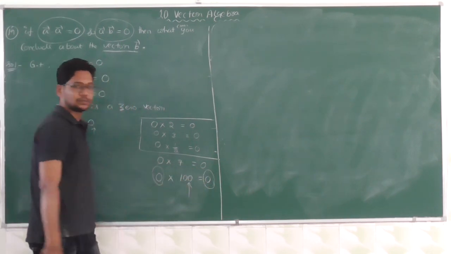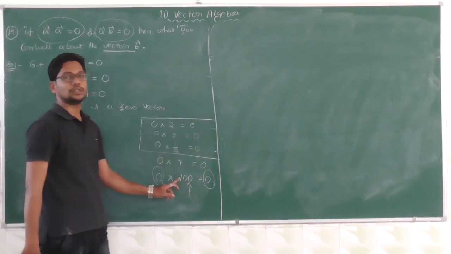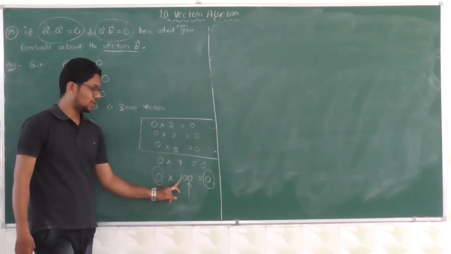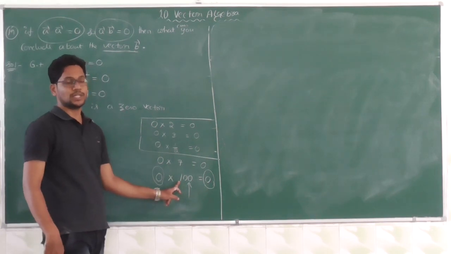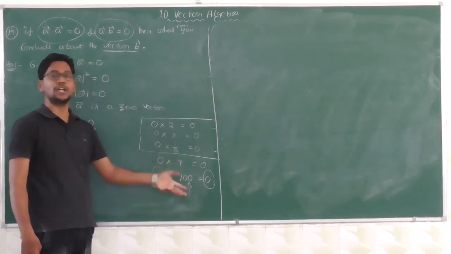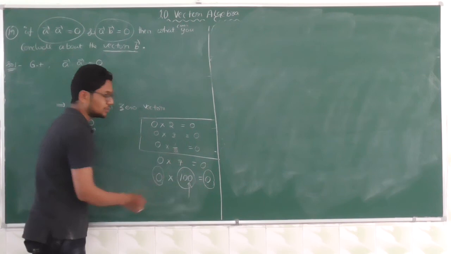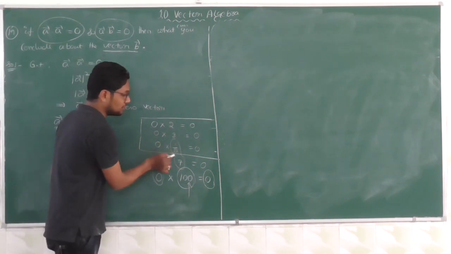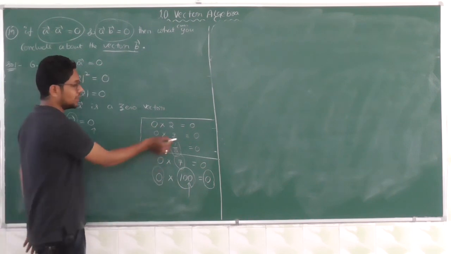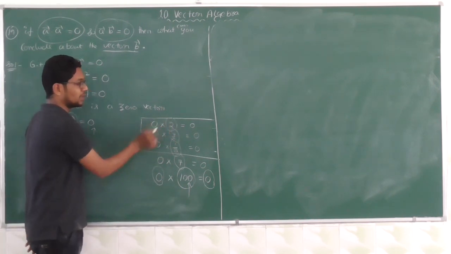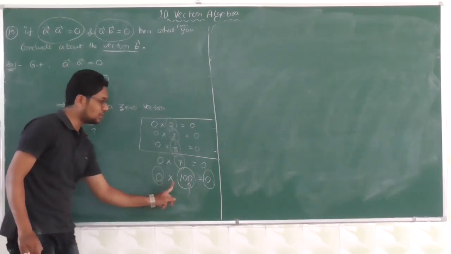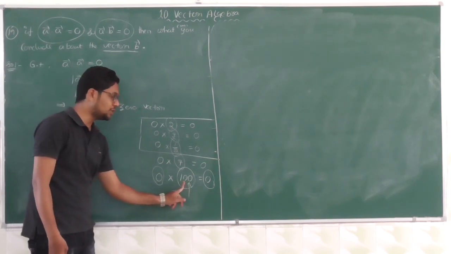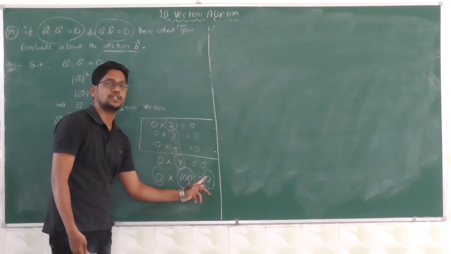Then this 100 is what? Is this a real number? Yes, it is a real number. You just give the name for 1 by 2, 7 and 100. 0 into any number is 0, right?